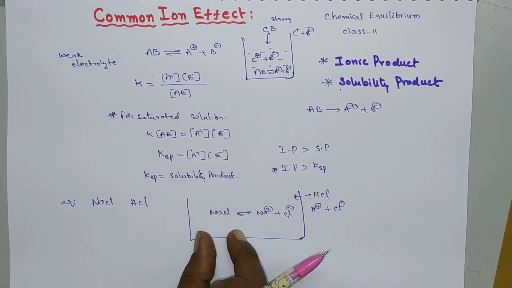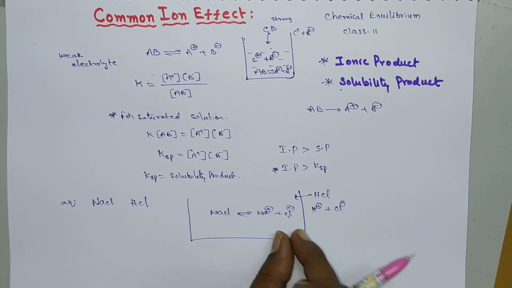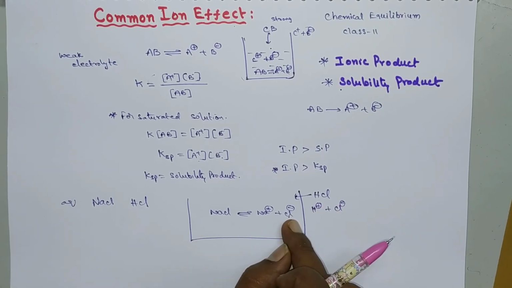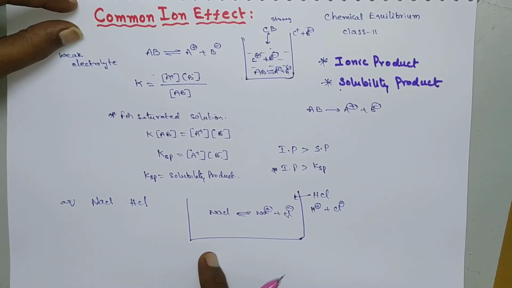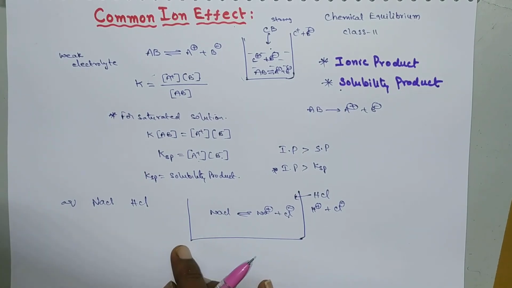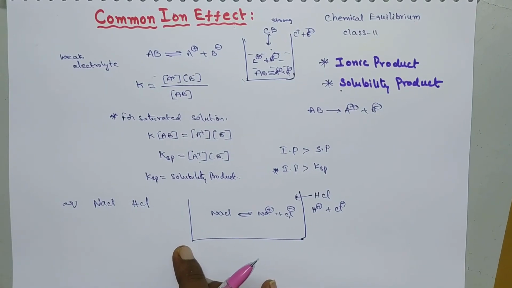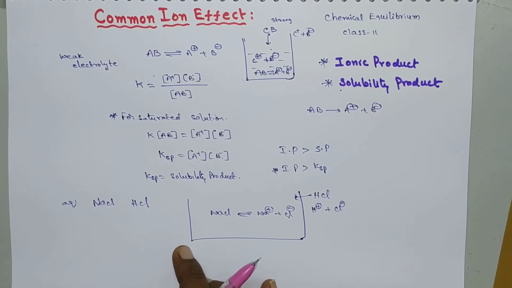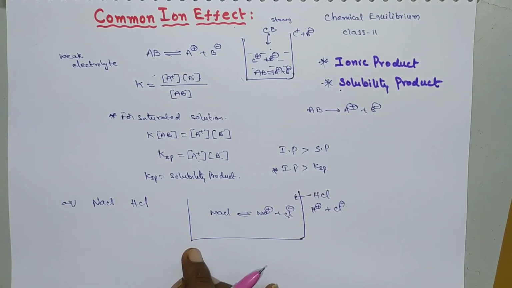Okay, so this is the application of the common ion effect, mostly useful for the purification of sodium chloride. And also this common ion effect is useful for the identification of some cations, by precipitating those cations into corresponding sulfides or hydroxides, by increasing the ionic product.